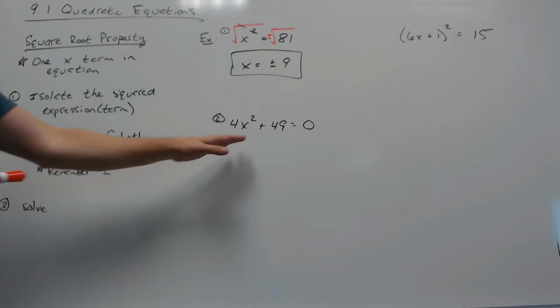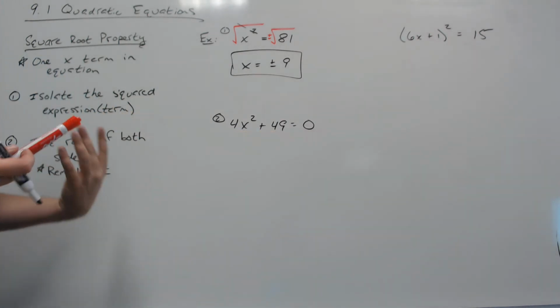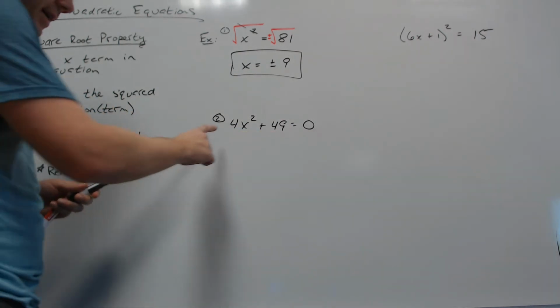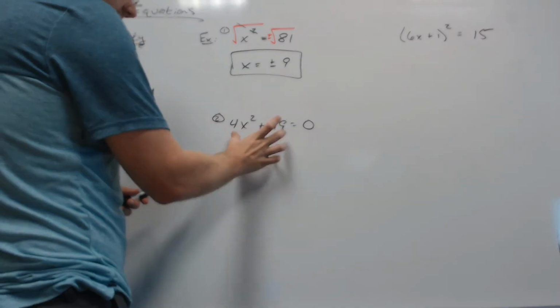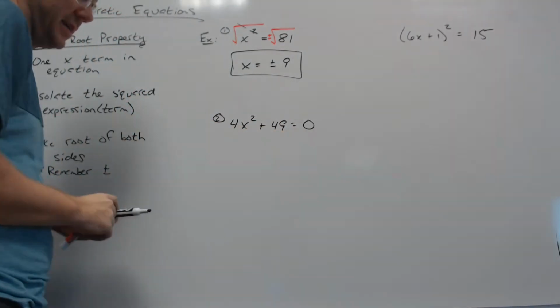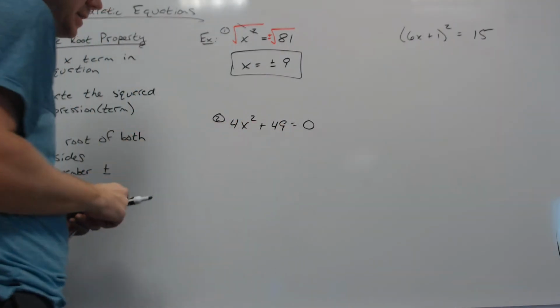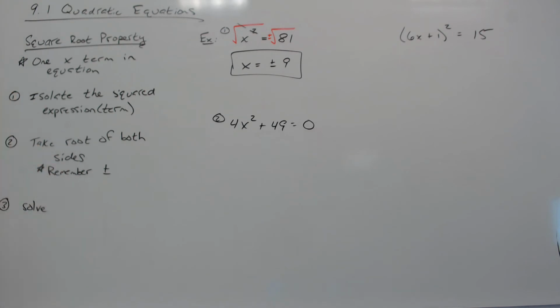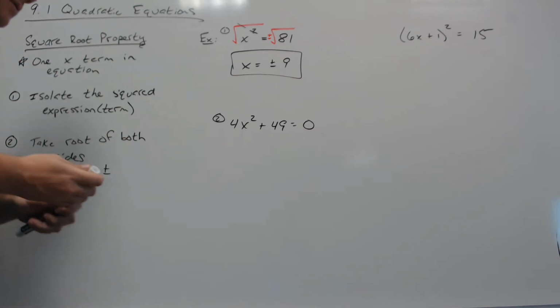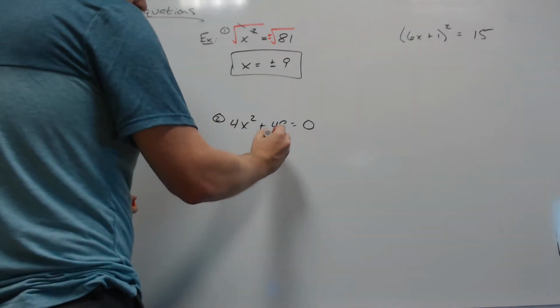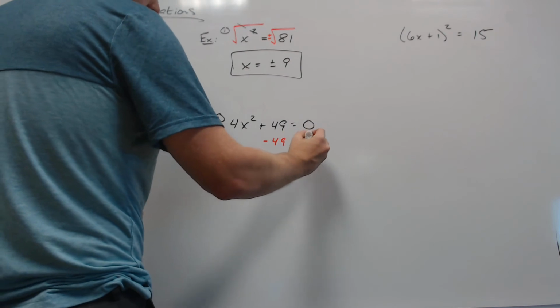All right, for the second one, I don't want to square root yet, because if I square root now, I have to square root the whole left side, and I can't take the square root of that very nicely. I can only take the square root of each of these pieces. So we want to make sure the squared expression is isolated. In order to do that, we can subtract 49 from both sides.